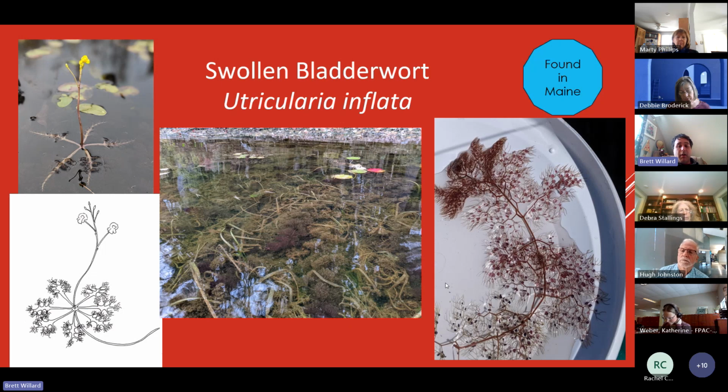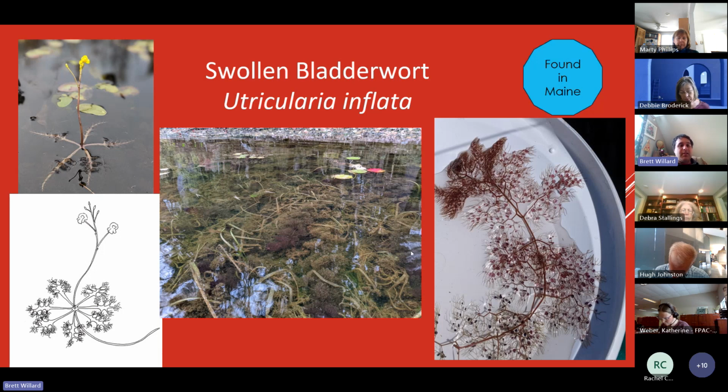And when comparing this plant to other bladderworts, the bladders appear to be randomly scattered all over the leaves, but you can go into further explanation of determining the difference between bladderworts in some other resources I'll talk about later.